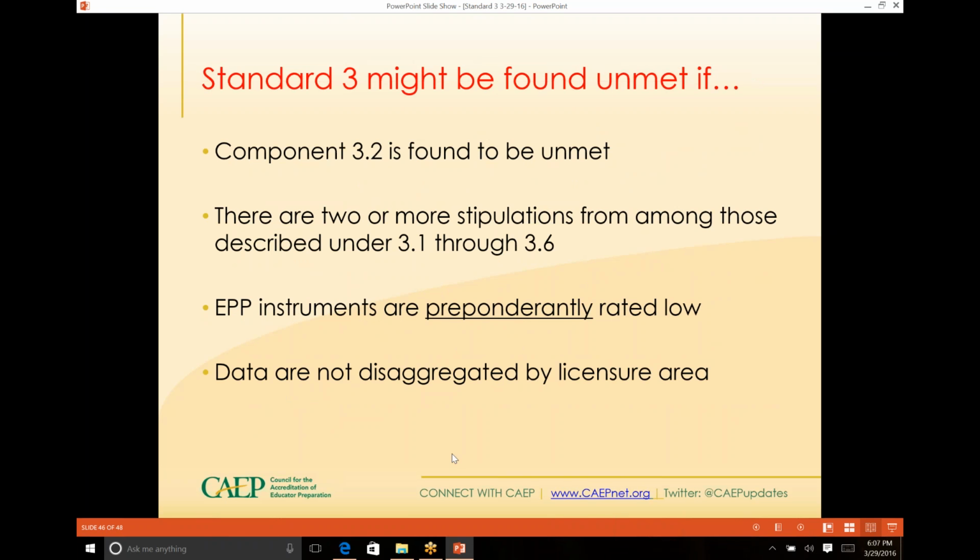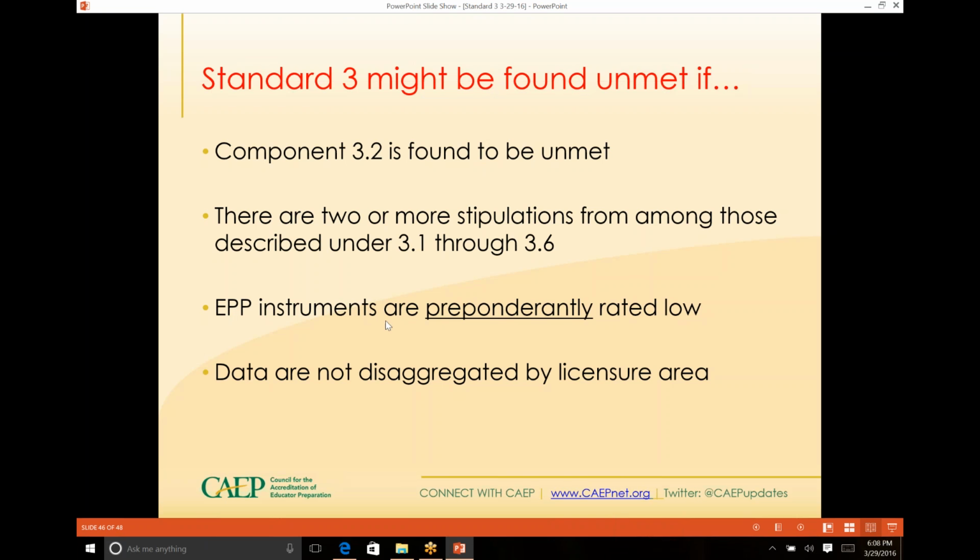And I do see questions coming up. This too I'm extrapolating from other things. Standard 3 might be found unmet if component 3.2 is found to be unmet. If there are 2 or more stipulations, and I've described a number of ways that stipulations could be assigned in any of the components under Standard 3, but if you sort of accumulate 2 or more, there could be an unmet standard as a result.